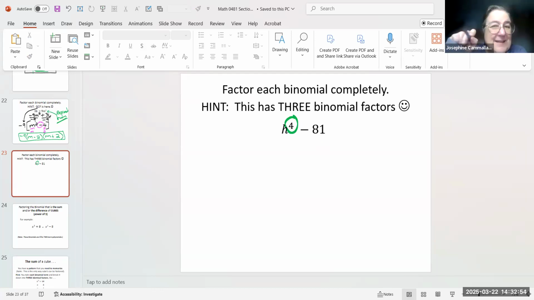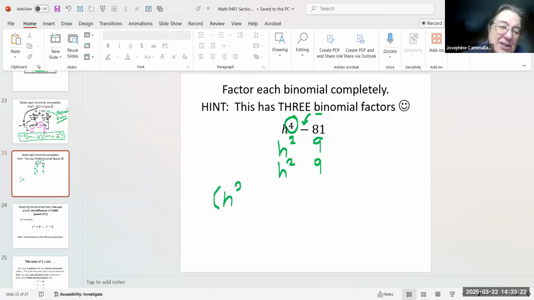You still have the minus sign here, but you have to take it out as h squared, 9, 9, by 2 identical factors. This is going to give me h squared minus 9, h squared plus 9.